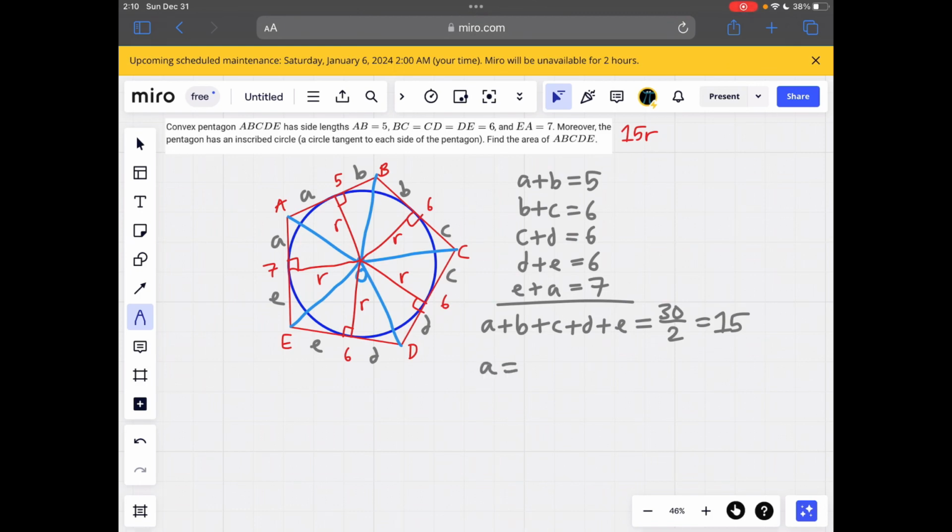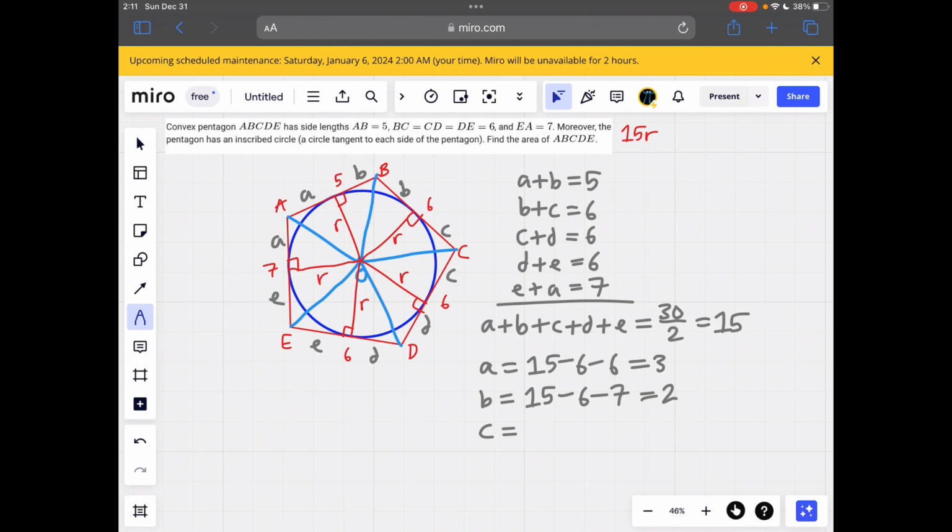a is equal to 15 minus b plus c and d plus e, which is 15 minus 6 minus 6. And that's equal to 3. b is equal to 15 minus c plus d and e plus a, 15 minus 6 minus 7, that's equal to 2.